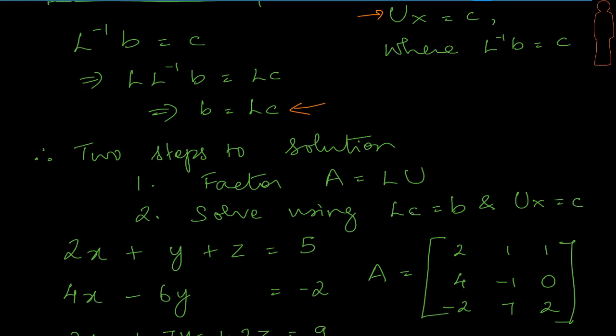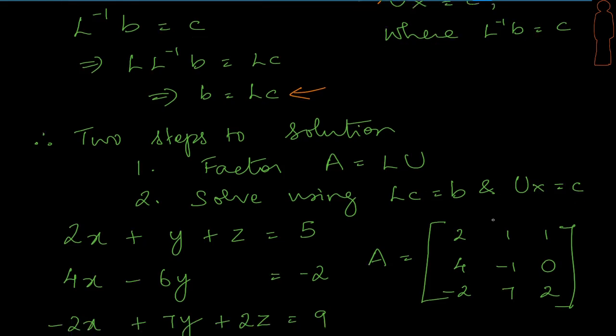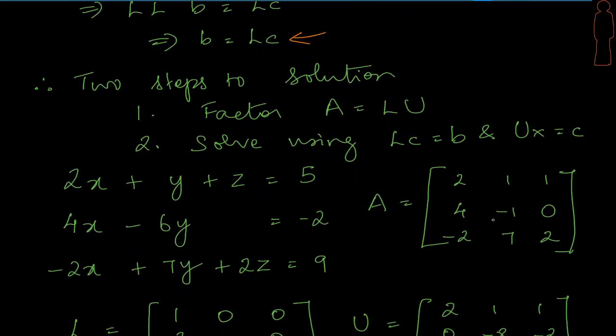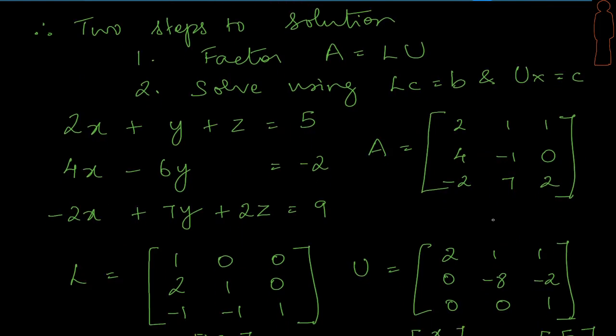Remember, we discussed that C is again a vector, right? So this is also like AX equal to B. So use this to find C, and then use this C as the right hand side here and find the X, right? So let us take an example and then try and demonstrate the use of LU factorization.